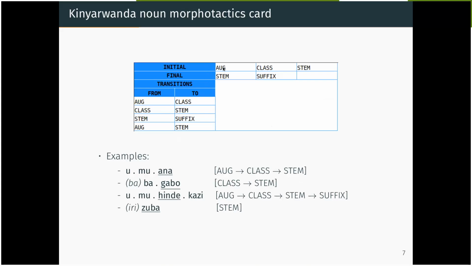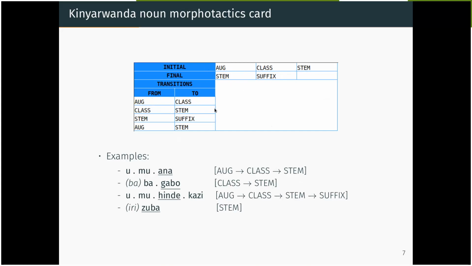First you need to know which morphemes you can start from, the starting morphemes. And you need to know which morphemes you're going to end up with at the end, the final states, final morphemes. And then you also have transitions: which one can you come from to another one?